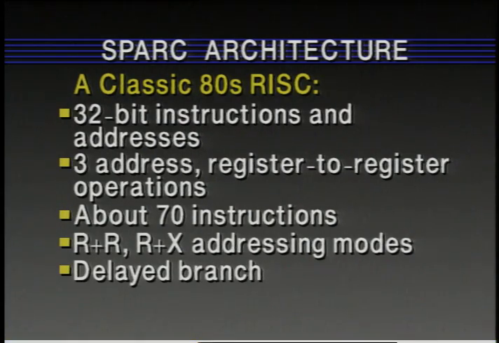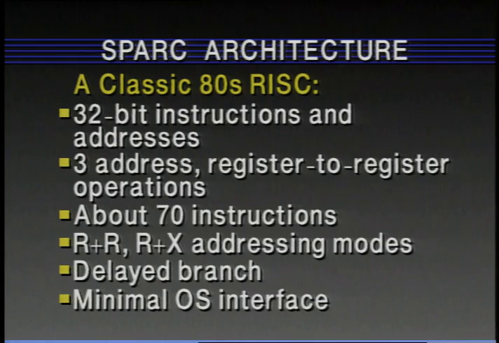SPARC uses a delayed branch technique, where a branch is taken, one instruction after the branch is executed, although in SPARC's case, you can also annul or cancel that instruction following the branch in certain cases. SPARC also had a fairly minimal interface between the hardware and the operating system. It was just enough to get Unix up and running and be very inexpensive to implement. In these respects, SPARC is like a lot of the other RISC architectures we've seen originate during the 1980s.